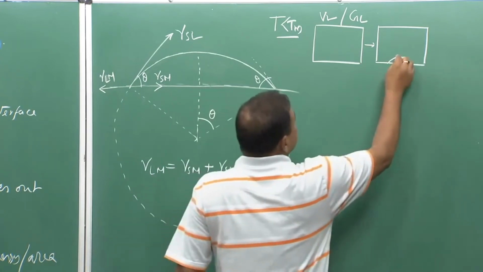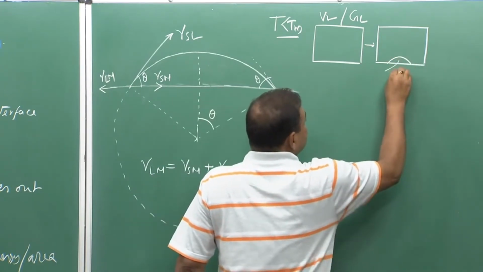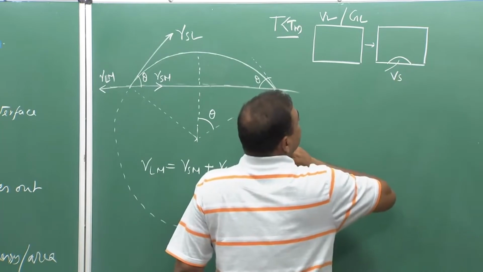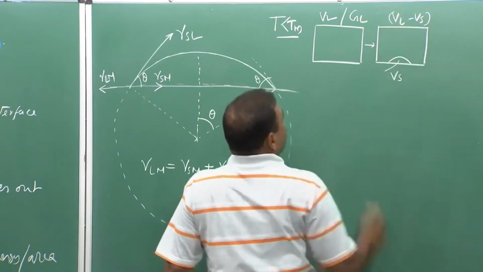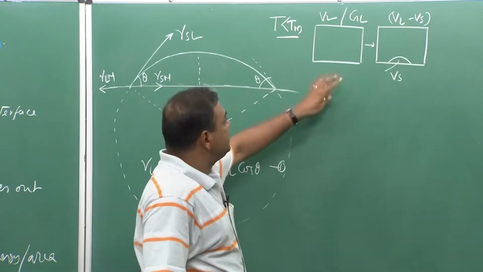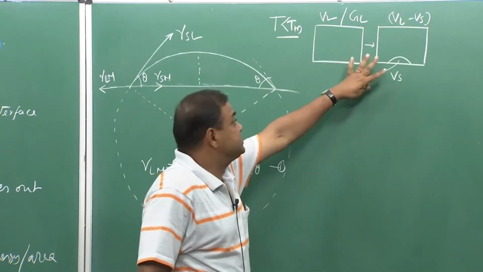The volume of this solid would be V s, and the liquid volume would be V L minus V s.